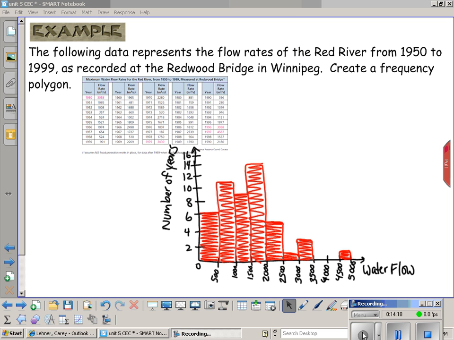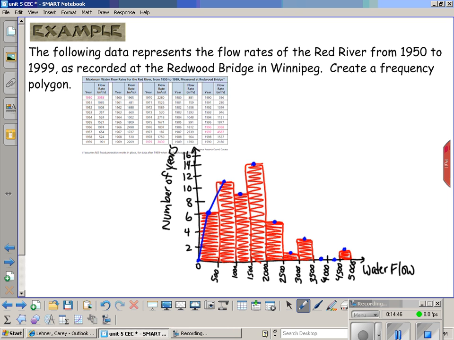Now it is the graph that joins the midpoints of your intervals. So the midpoint of 0 to 500 would be 250. And then the next midpoint would be 750. So basically the middle values of each of our intervals. And we can start at 0, and now we simply join the points with a straight line.